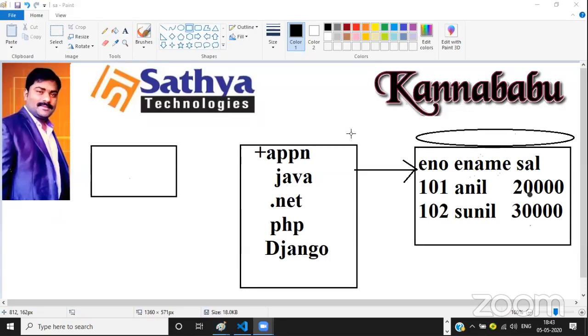ICICI Bank will get an application developed. The bank will not develop the application itself. A software company will develop the application. ICICI Bank is the client. Once the application is developed, the company will give training to the employees on how to use that application.